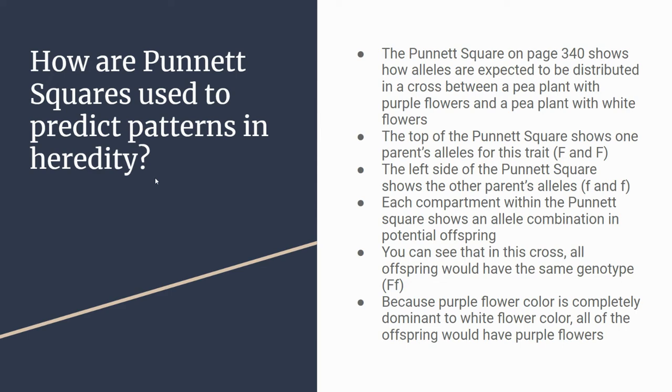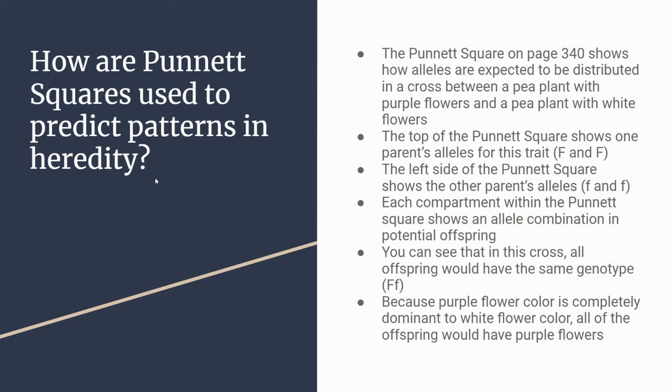Okay, so when they cross, you've got your parents on the top and your parents on the side. And you see the purple, see how they're in purple and they're in blue. So what happens is that the parents on the top give a capital F. So let's look at the parent on the top. There's a left and a right one, right?